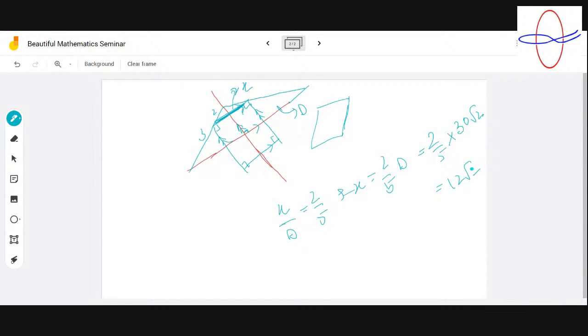Am I doing something wrong? 2 by 5th of the whole thing. It's coming out to 12 root 2, right? And this one is also coming up to, am I doing something wrong?